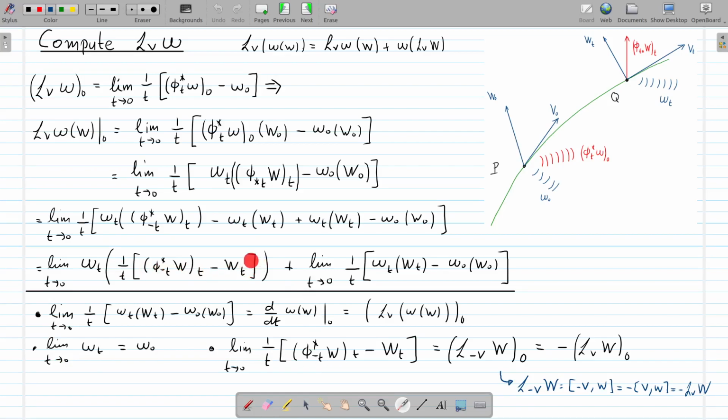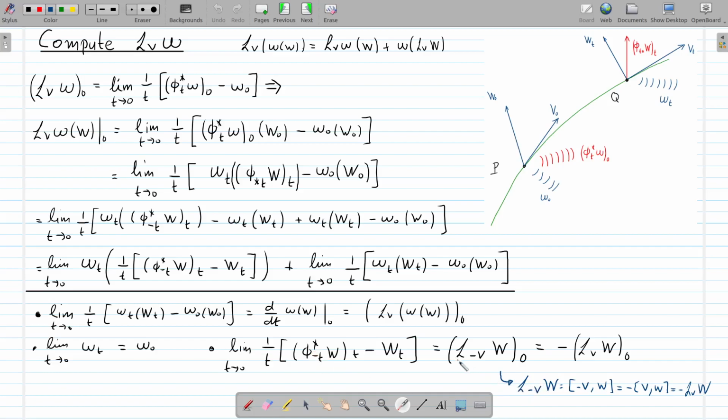Then the vector that omega acts upon, as t is taken to 0, we see that it is approaching the value of the derivative of w, but now in the minus v direction, because here you see we have the pullback under phi to the minus t.